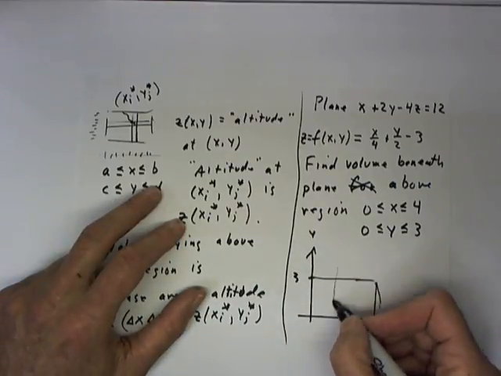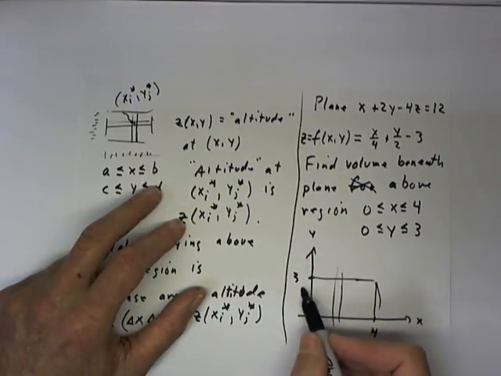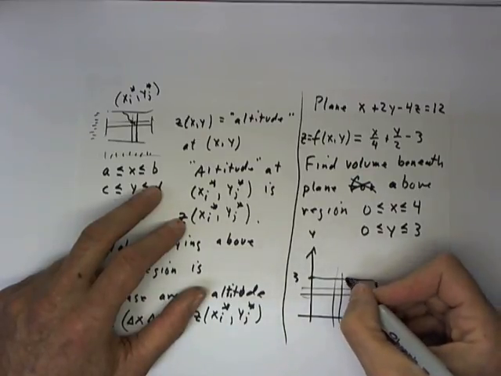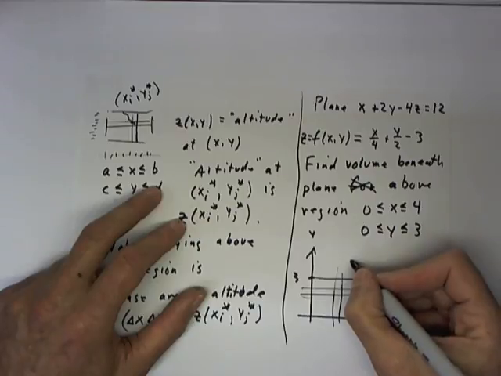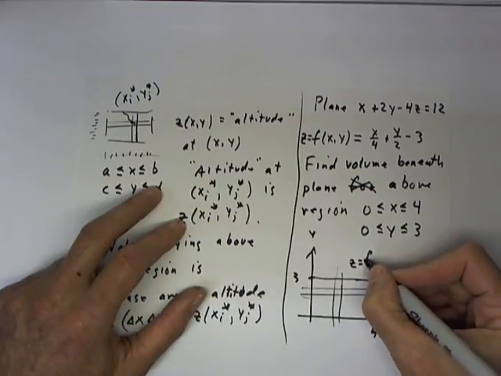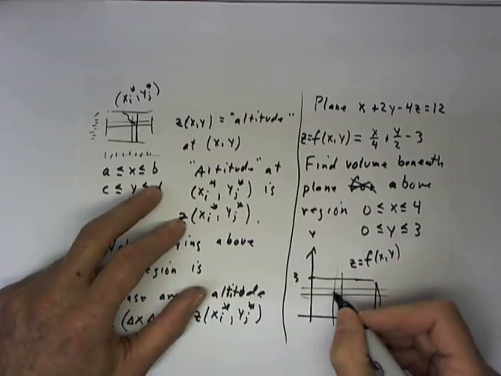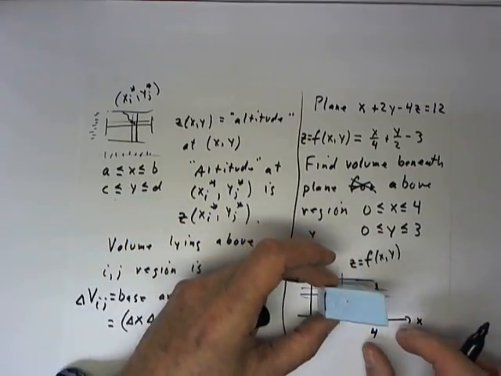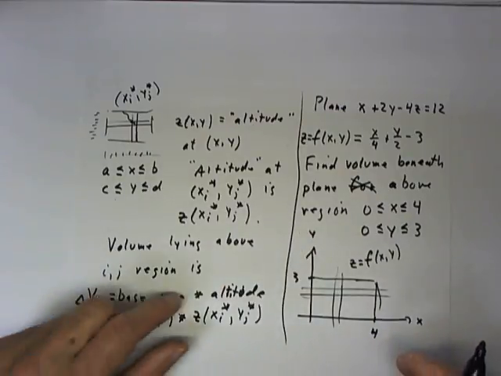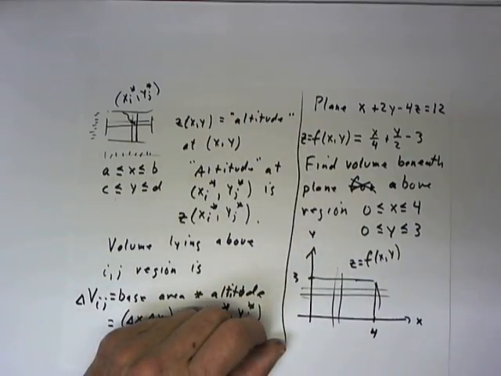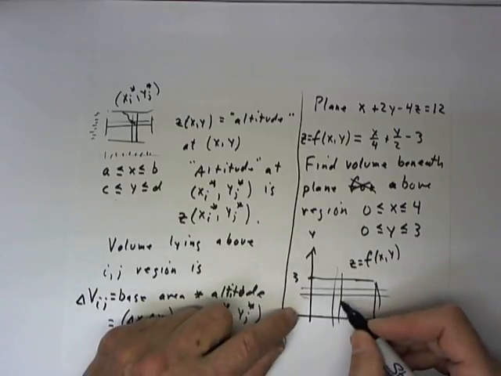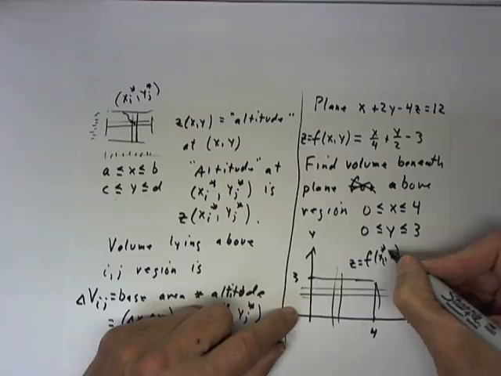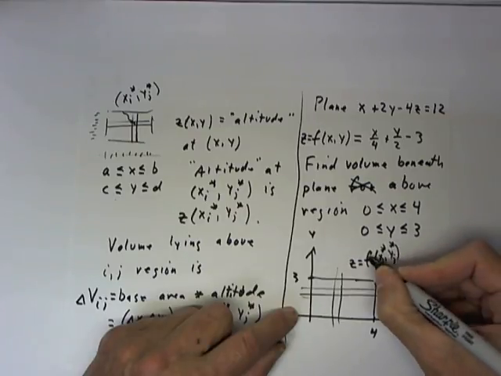On our typical ith x interval and our typical jth y interval, then the value of z equals f of xy above this interval, the volume of our chunk of foam or whatever it is we're trying to get the volume of, will be whatever we get when we plug the coordinates xi star, yj star into our function.